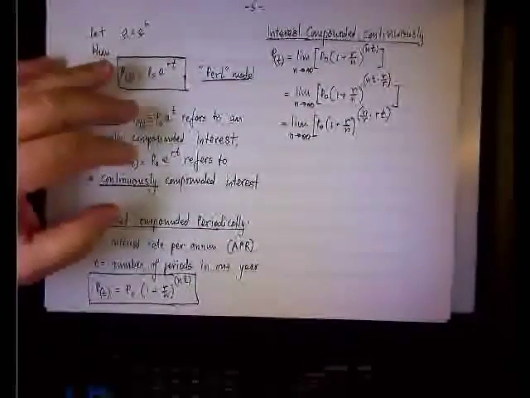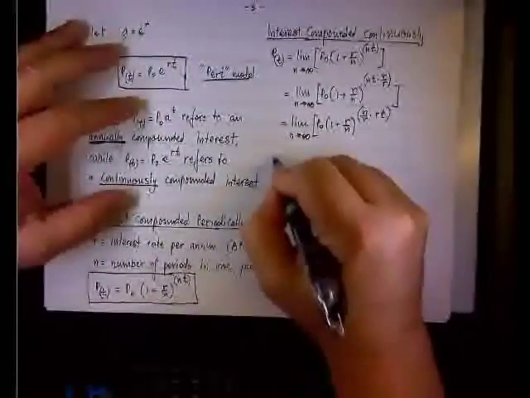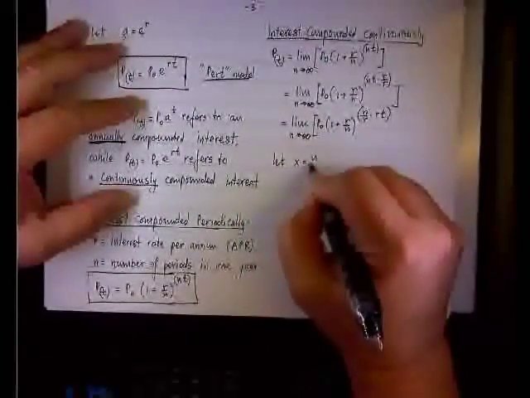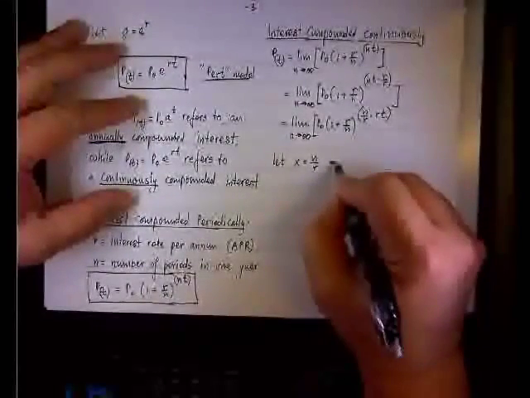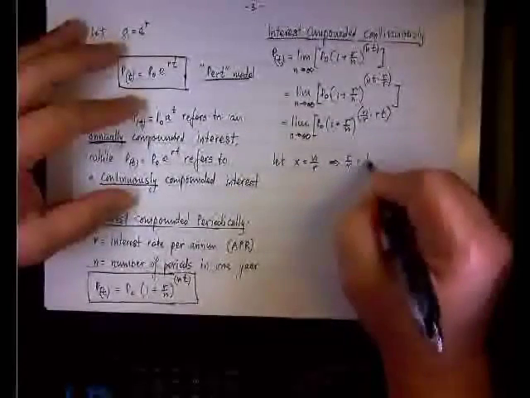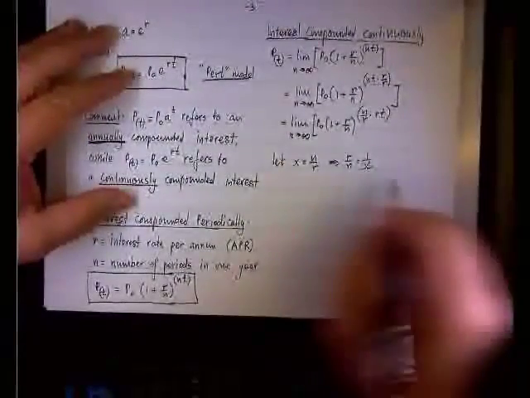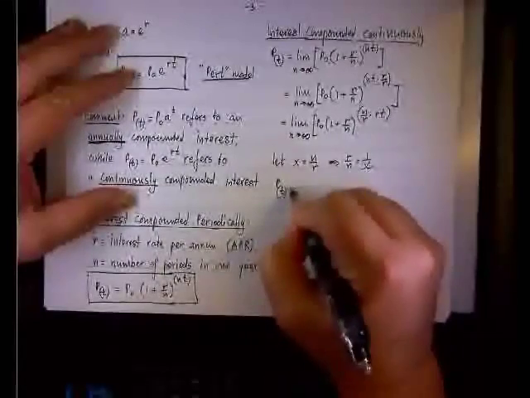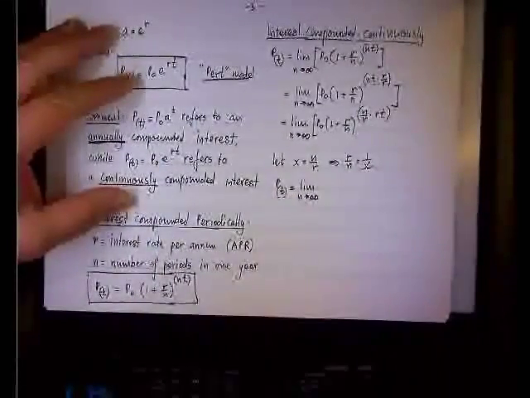All right? Now I'm going to do a little variable substitution. Let x equal n over r, and therefore r over n, which I have in the base, will be 1 over x. So we perform these two substitutions, and at this point P of t will be the limit as n goes to infinity.